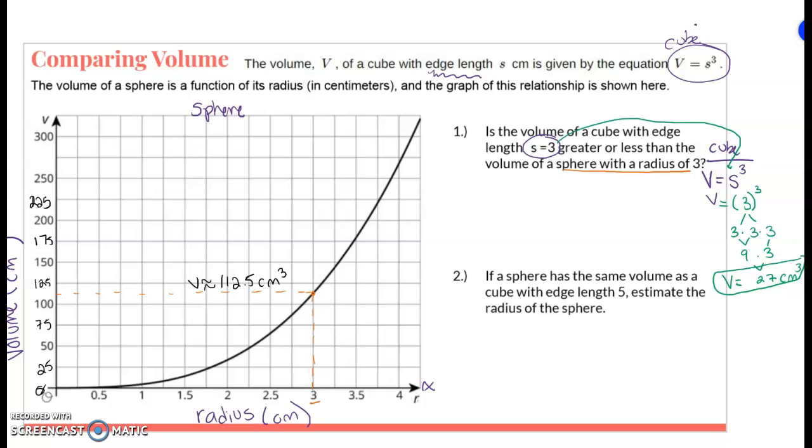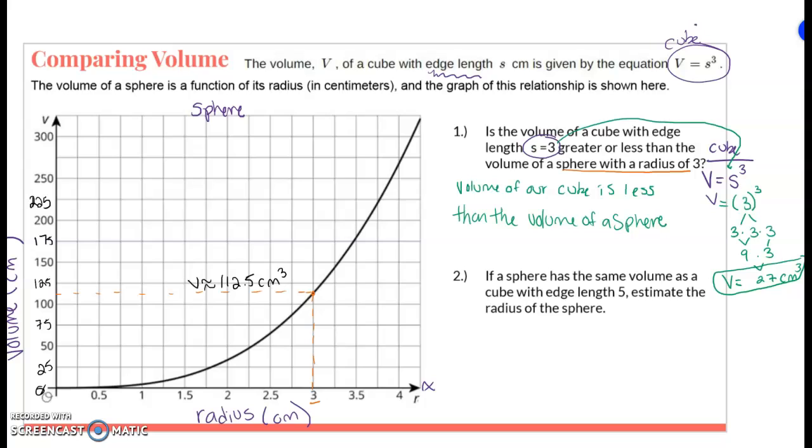Well, I definitely know that the volume of our cube is less than the volume of a sphere, because 27 is much smaller than 112.